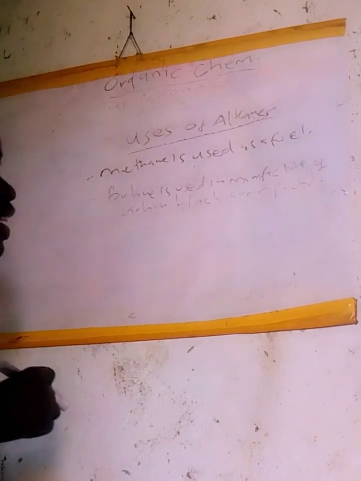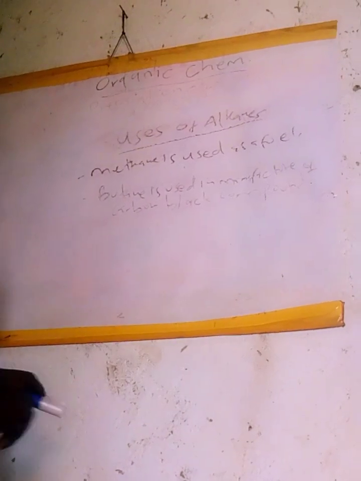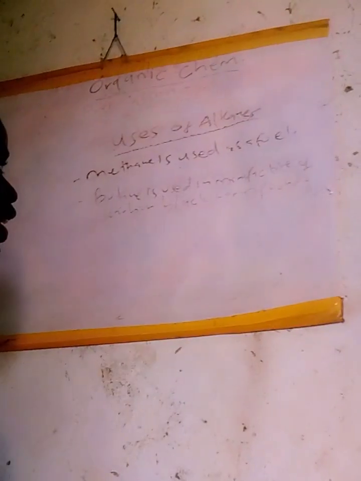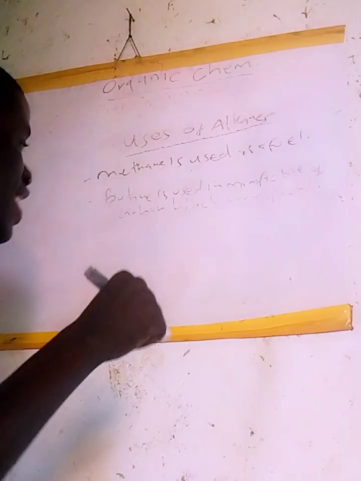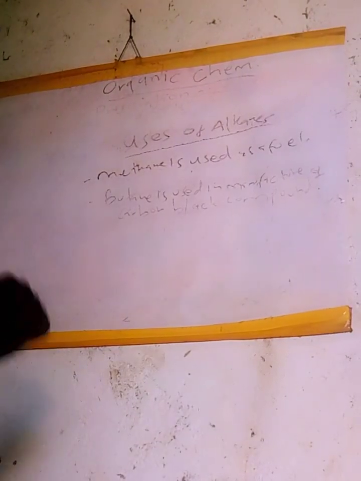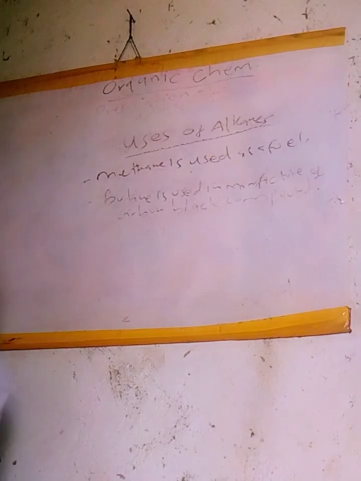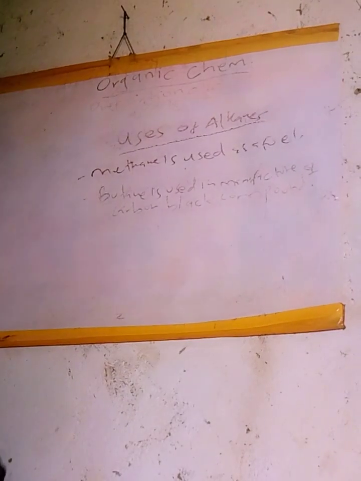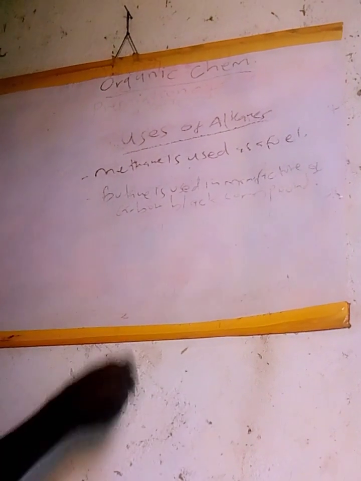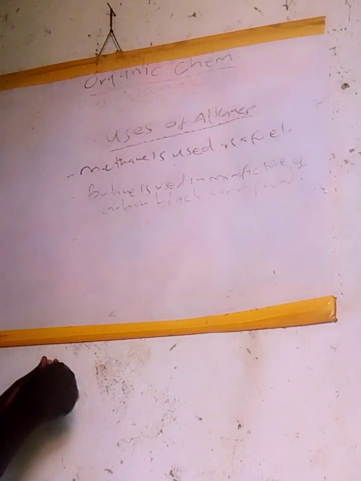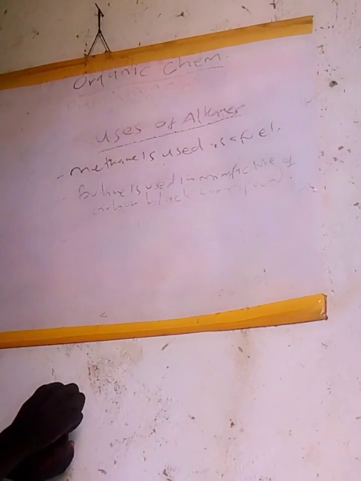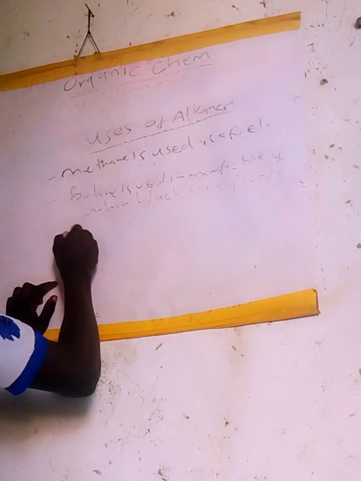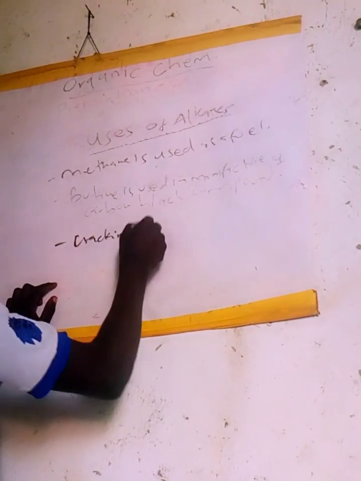Then also these alkanes normally undergo what we call cracking. There is a subtopic we shall talk about: cracking of long chain alkanes to produce short chain alkenes and hydrogen gas. That hydrogen gas is used in the Haber process in the manufacture of ammonia. So you will say through cracking of long chain alkanes, they produce an alkene and hydrogen.